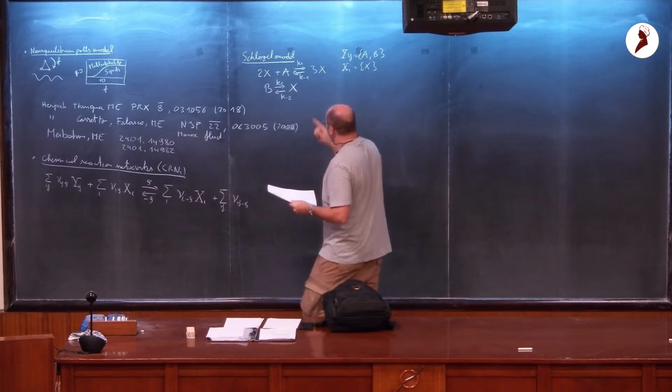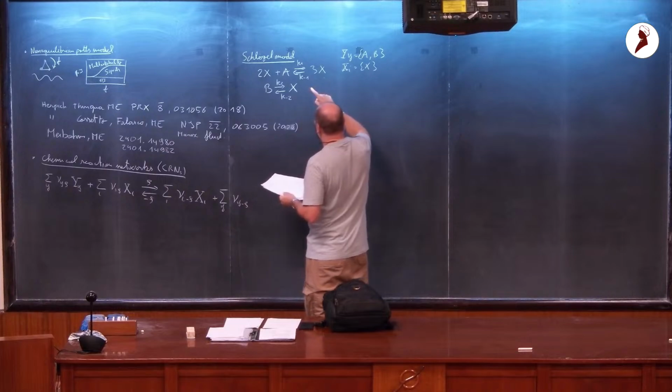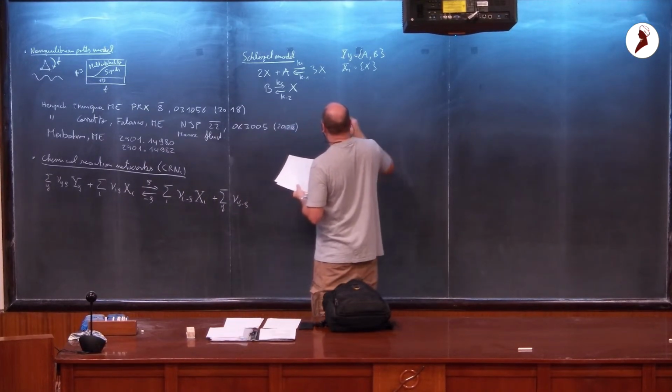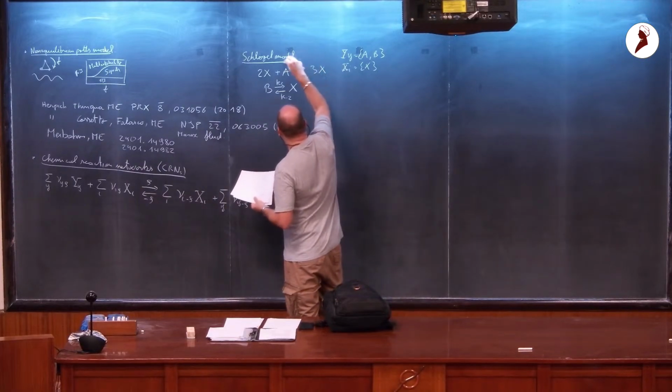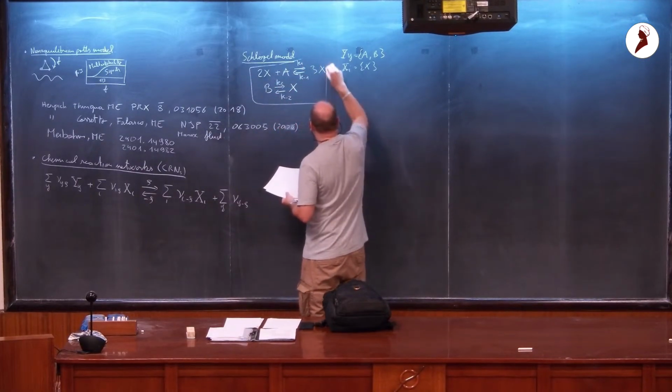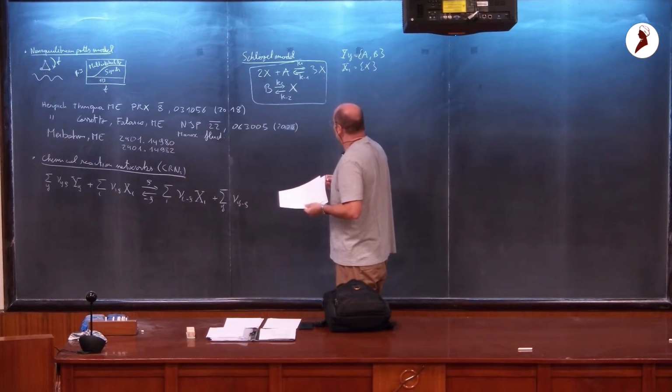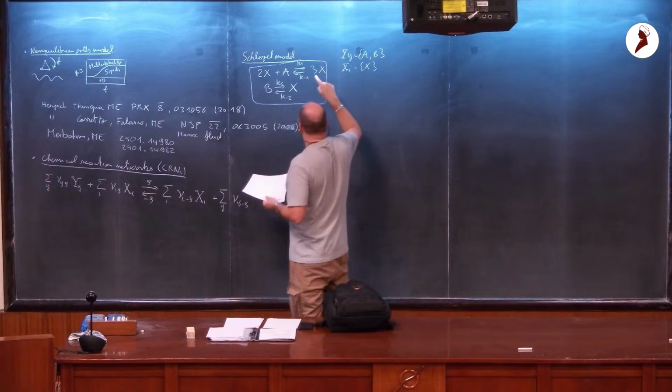So the picture that you can have in mind, if you want to see it in terms of reservoirs, is that this is in a box, in a container, in a solution. It could be a gas too.